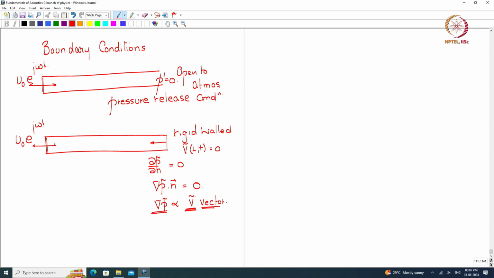Okay. So next is we have this situation where we again have a duct, let us say, and driven on one end by a piston, but here it is now neither pressure nor velocity. I have a situation where I have a mass loaded with a spring. Okay. So now this is an end impedance.